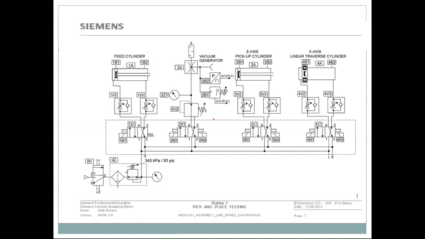I could not come up with the name for a second there. So what this allows is, there's certain ways we like to control pressure and speed of our cylinders. One of them is to control the flow in and or out of the cylinder.